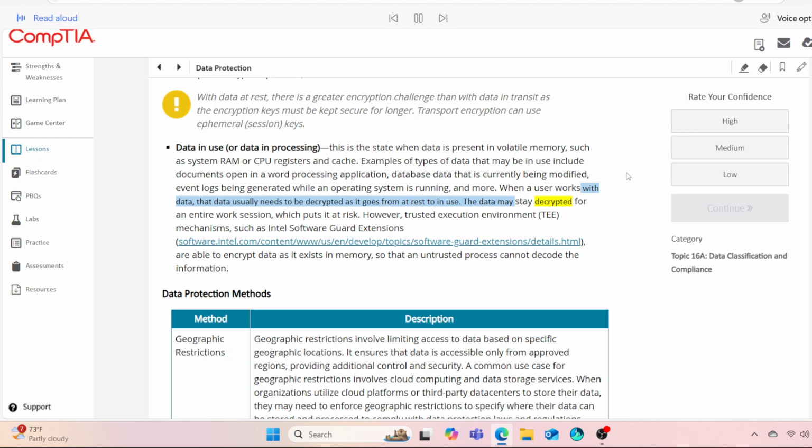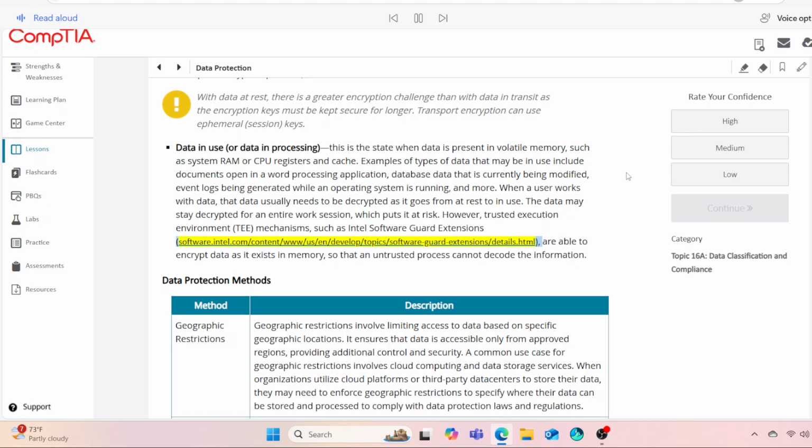The data may stay decrypted for an entire work session, which puts it at risk. However, trusted execution environment (TEE) mechanisms such as Intel Software Guard Extensions are able to encrypt data as it exists.